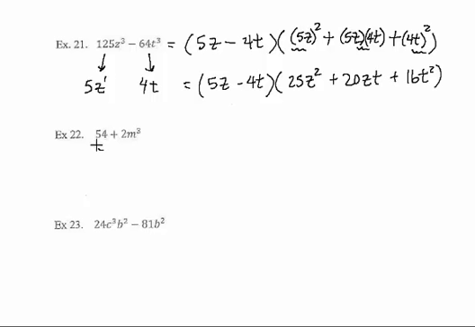Now this one requires a first step before we go into trying to factor it as a sum or difference of cubes. Again, you always want to keep in mind greatest common factor and factor by grouping, but we don't have four terms here, so factor by grouping is out.